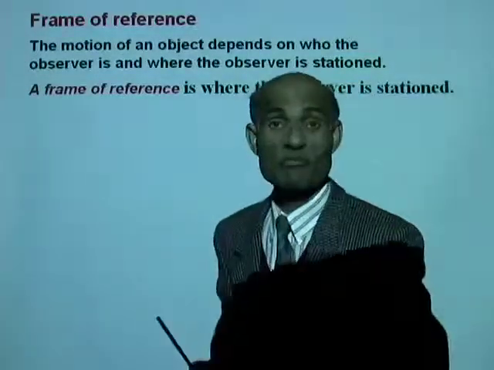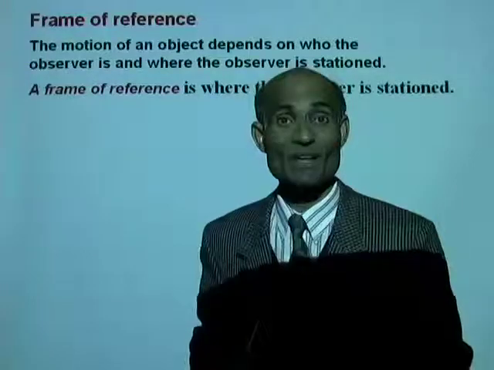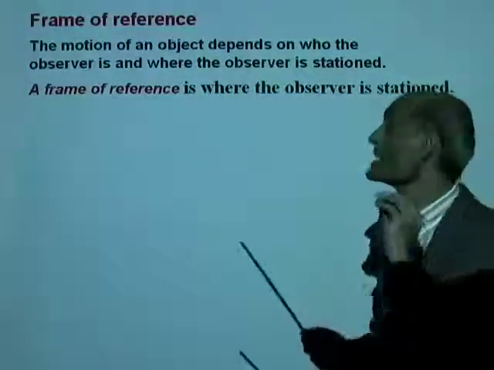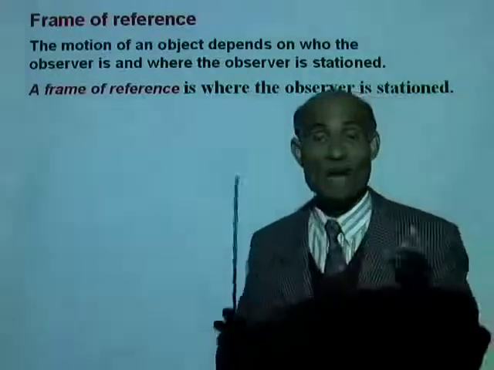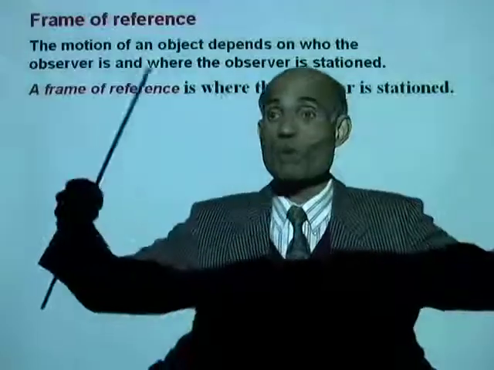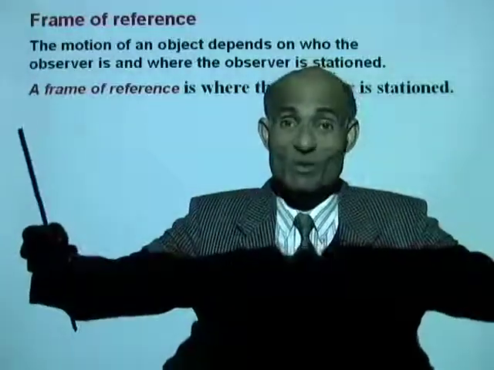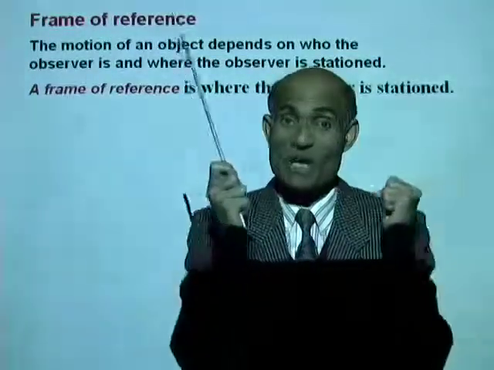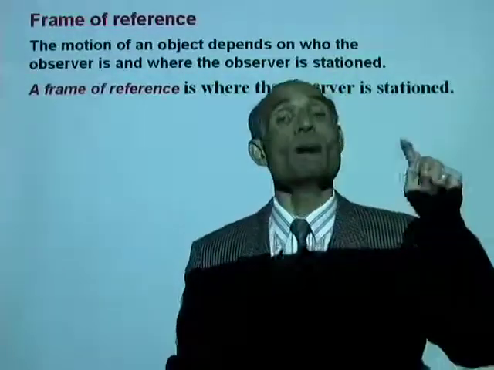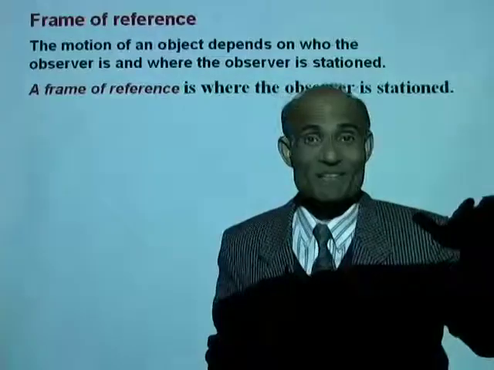What is a frame of reference? A frame of reference is where the observer is stationed. When I look from here, I'm in the classroom and I see all my students sitting on their chairs. And I say, from the frame of reference of the classroom, my students are at rest.